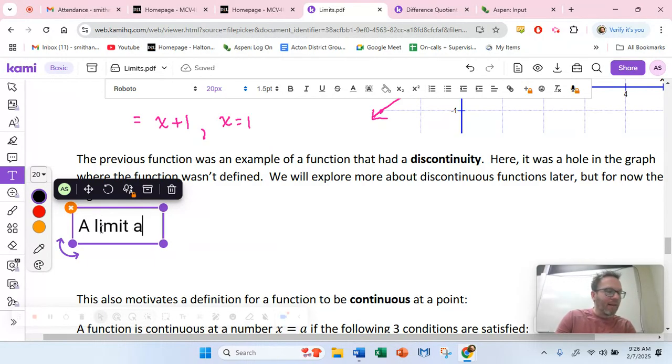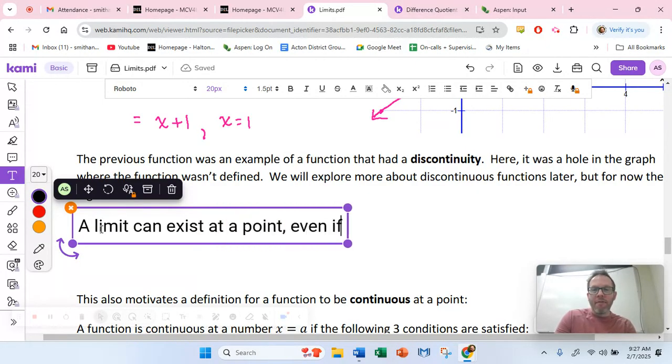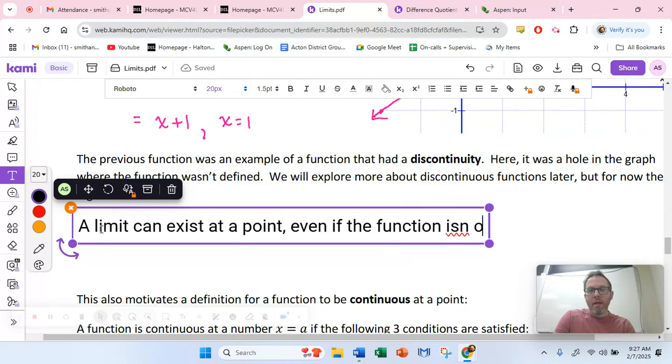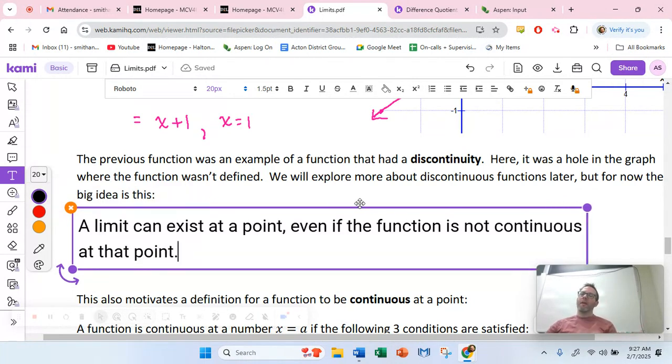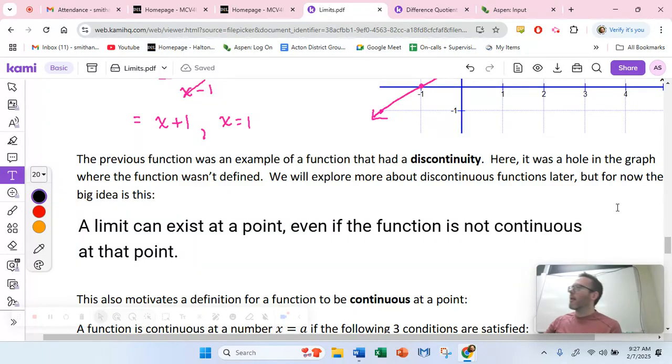It is possible for a limit to exist at a point, even if the function is not continuous at that point. So hopefully you're convinced with the example we just did. A limit can exist even if the function isn't defined at a point or not continuous there.